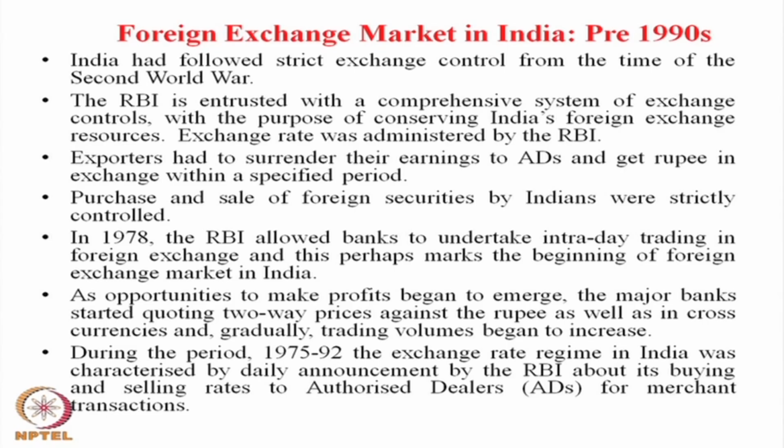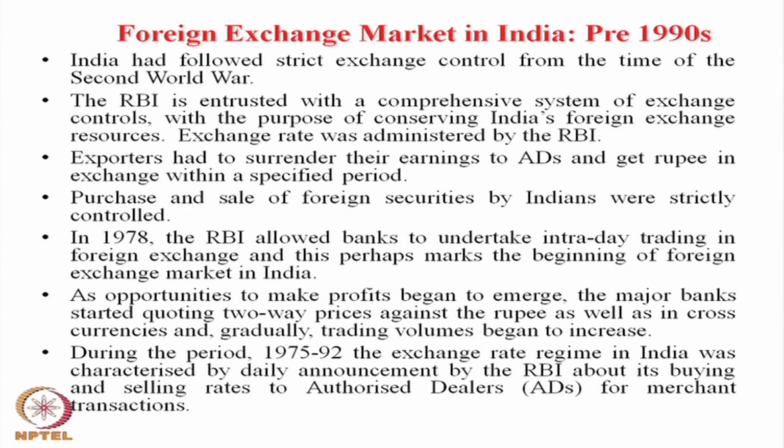In this band of exchange rate fluctuation, the authorized dealer can buy and sell foreign currency, and this step led to the beginning of the Indian foreign currency market. As an opportunity to make profit through arbitrage, major banks started quoting foreign currency in a two-way pricing system.